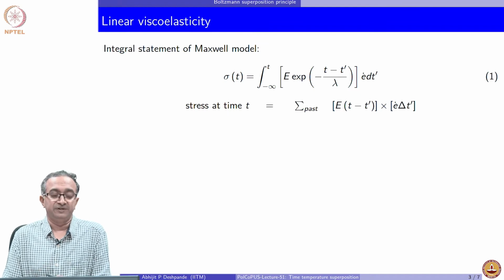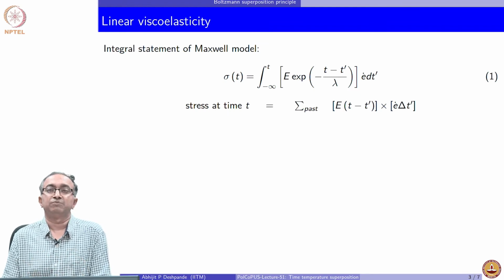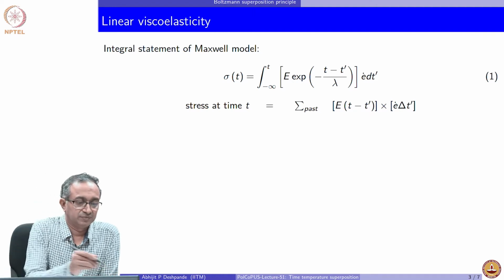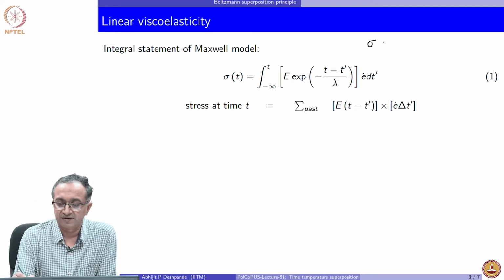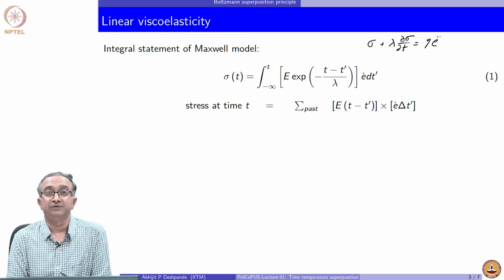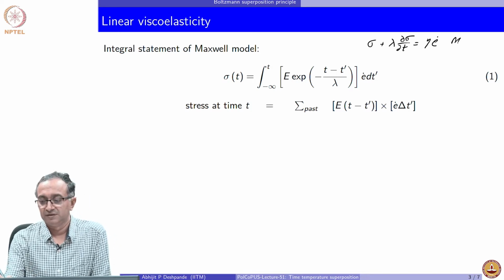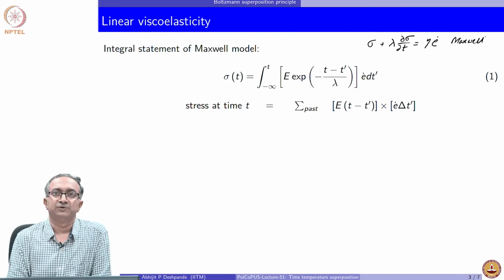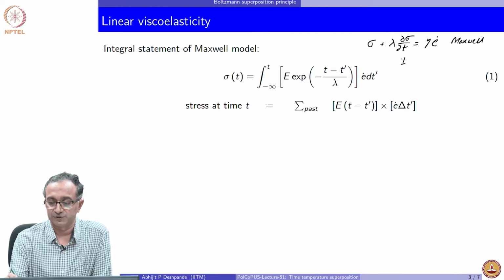So, going forward, let us first look at the Maxwell model and the integral statement of it. I am sure you recall that we had looked at the Maxwell model, and this is the differential equation which we had written down for the Maxwell model. And you can quickly look for rewriting this equation in terms of, let us say, the integrating factor approach.